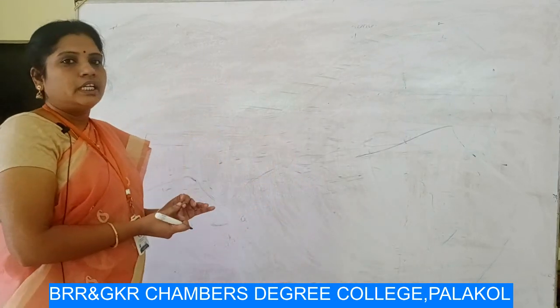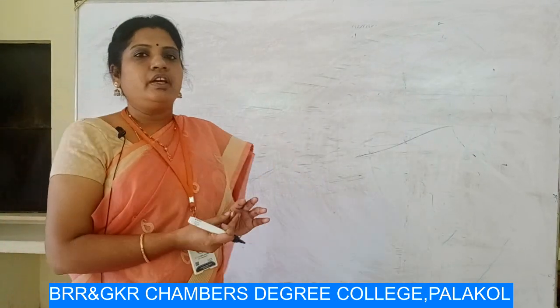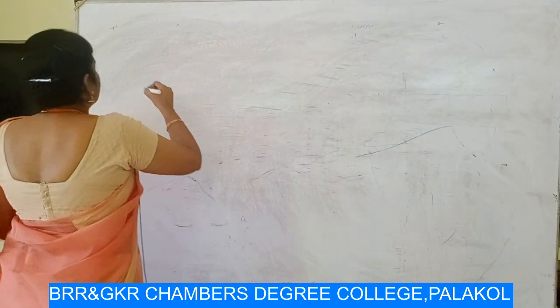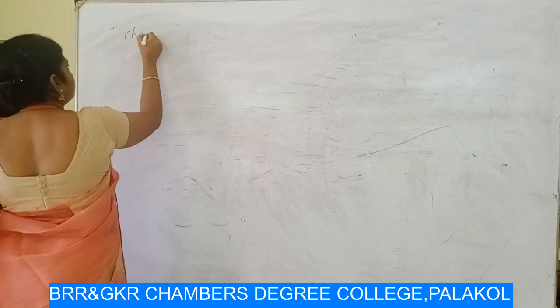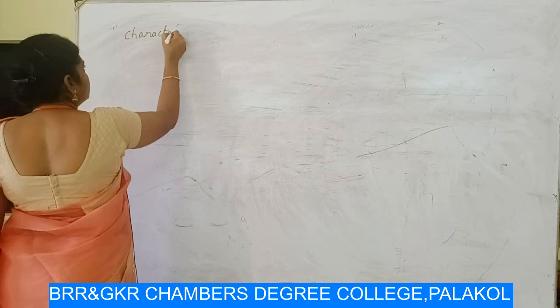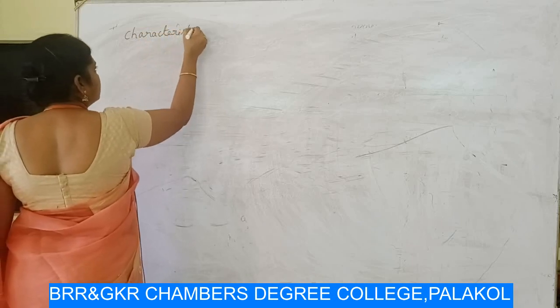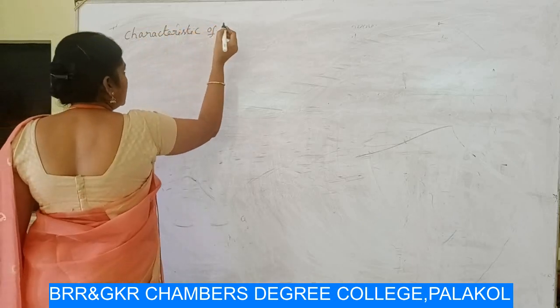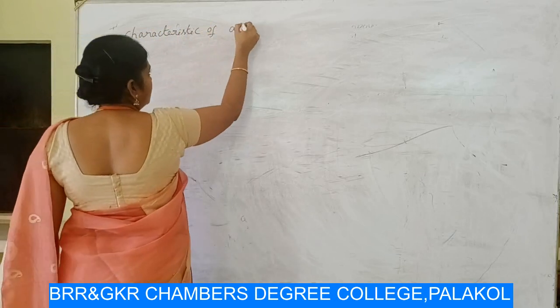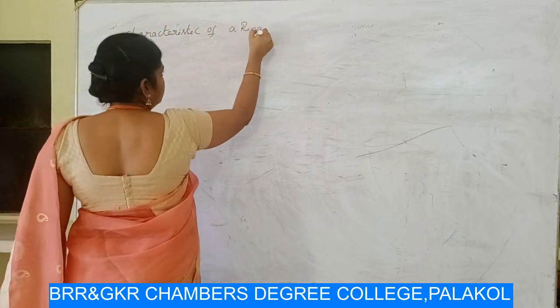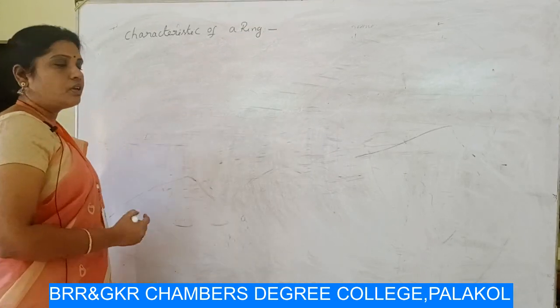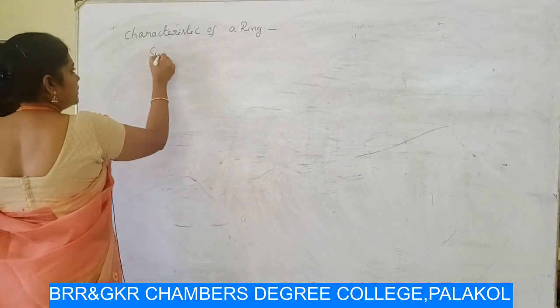Now we see the definition of the characteristic of a ring. Suppose R is a ring.